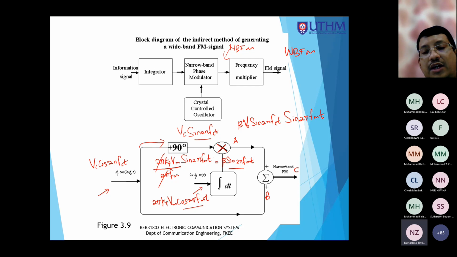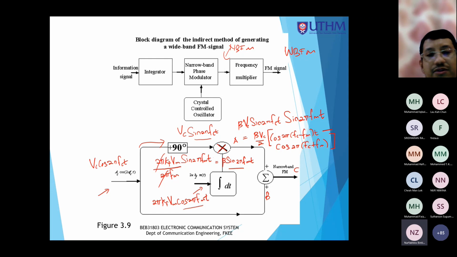So you can write it as beta Vc over 2 in brackets, cos 2π (fc minus fm) t, the lower sideband, minus cos 2π (fc plus fm) t, the upper sideband, and then close the big bracket. So this is the equation at point A.